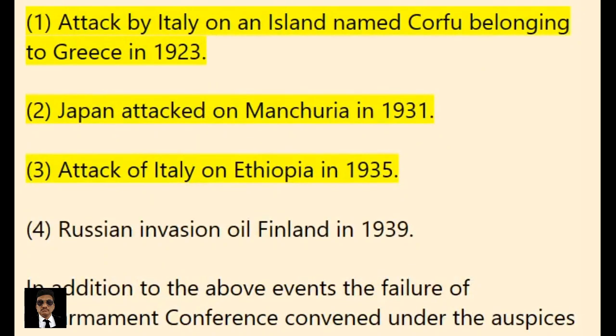Attack by Italy on an island named Corfu belonging to Greece in 1923. 2. Japan attacked Manchuria in 1931. 3. Attack of Italy on Ethiopia in 1935.